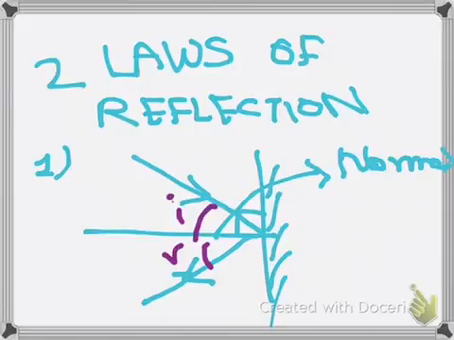So according to the first law, angle i is equal to angle r. The angle of incidence, that is the angle made by the incident ray with the normal, is equal to the angle made by the reflected ray with the normal.